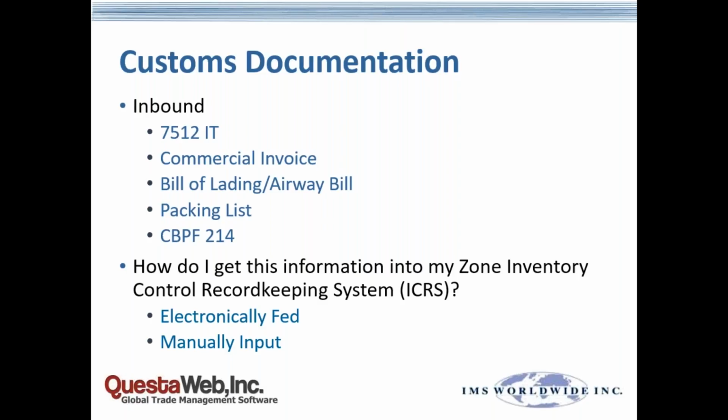I closed the bill of lading process so I can get it off of the ship with a 7512 that says it's going to my zone, and therefore that 214 that I cut has to close the loop again on the data and the information that is being provided by my freight forwarder and or my broker and or the shipping line to customs, and that I have to close the loop knowing that I need to tell Customs and Border Protection that all that merchandise you have in bond that nobody's paid tax on, my 214 basically tells Customs it's here.